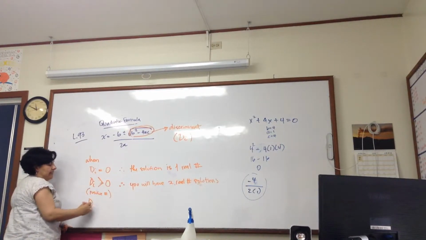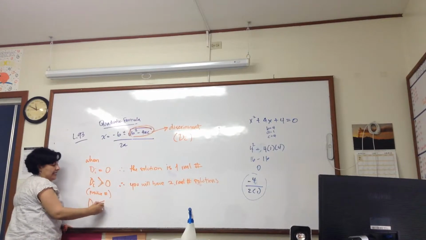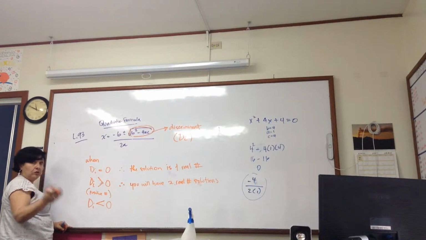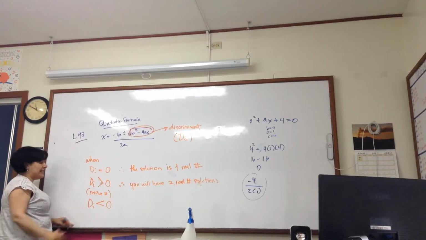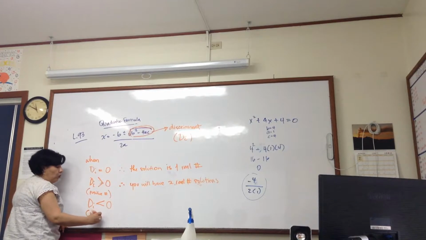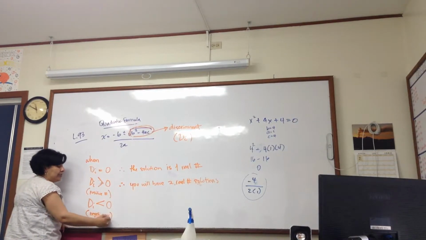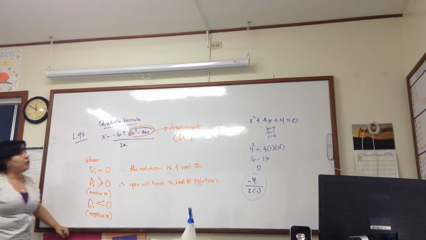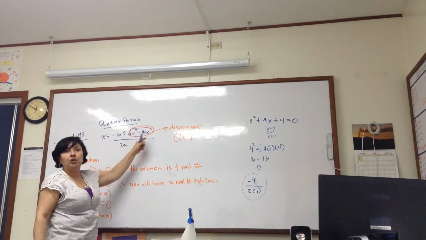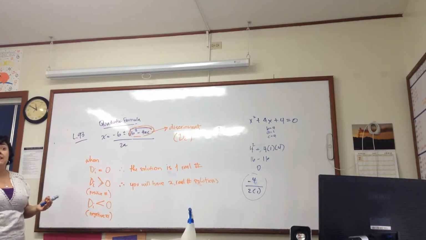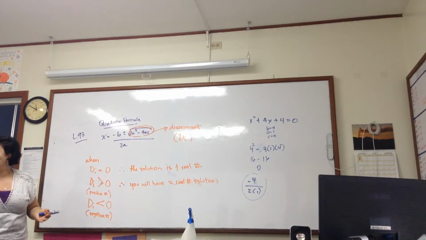But if D_i is less than 0, meaning the 0 is greater, which is what you said, right, Hugo? If D_i is less than 0, it means a negative number. What happens if you have a negative number inside the root? If you have a negative number in here, we have an i, which means what type of solution is it? Imaginary.